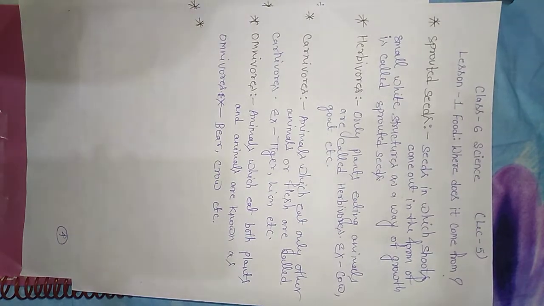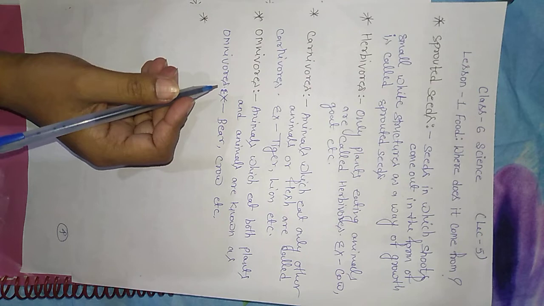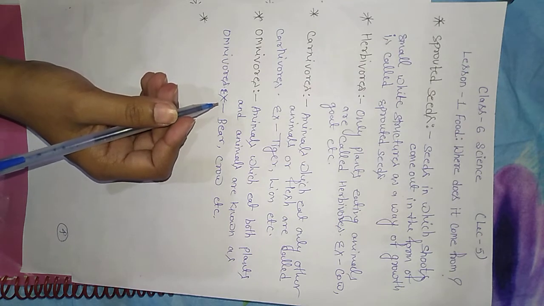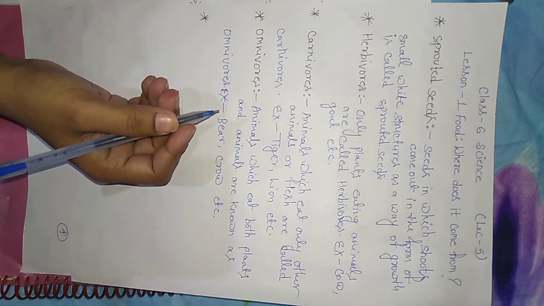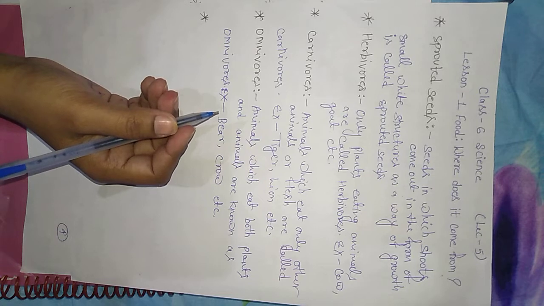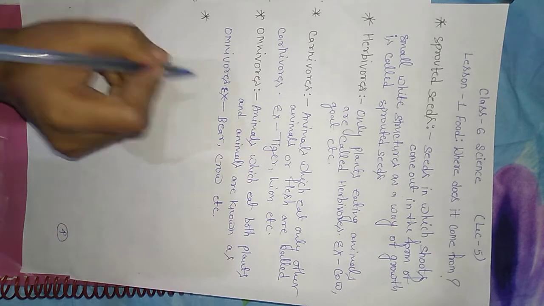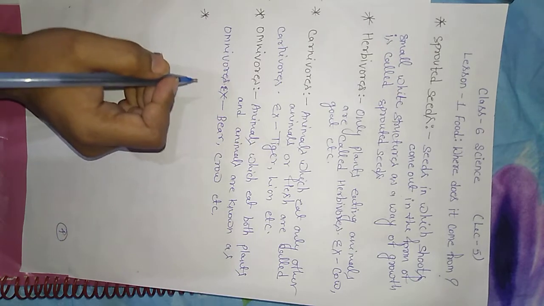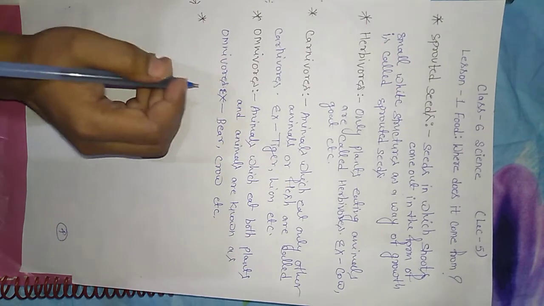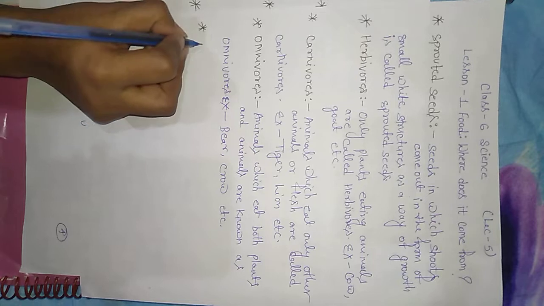If someone asked you after reading this chapter, do you find that all living beings need the same kind of food? What will be your answer? Yes. Answer is no.